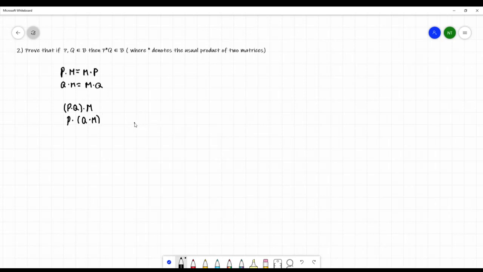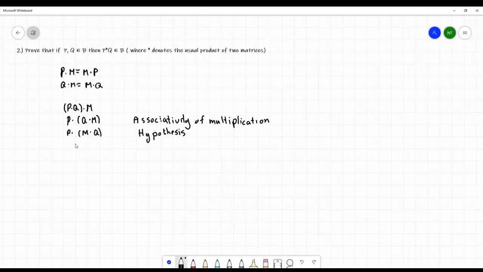Then we could rewrite this as P times M times Q by hypothesis.